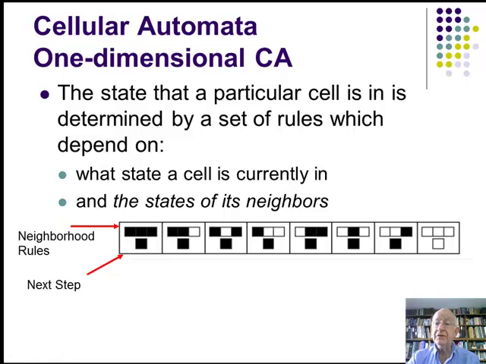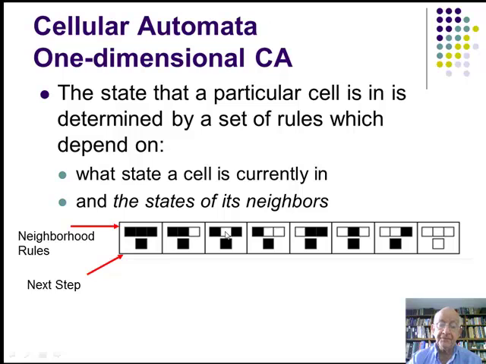The state that a particular cell is in is determined by a set of rules which depend on what state the cell is currently in, and what the state of its neighbors is. In this case, the central cell is 1, its left neighbor is 1, its right neighbor is 1, and in the next step it will remain 1.